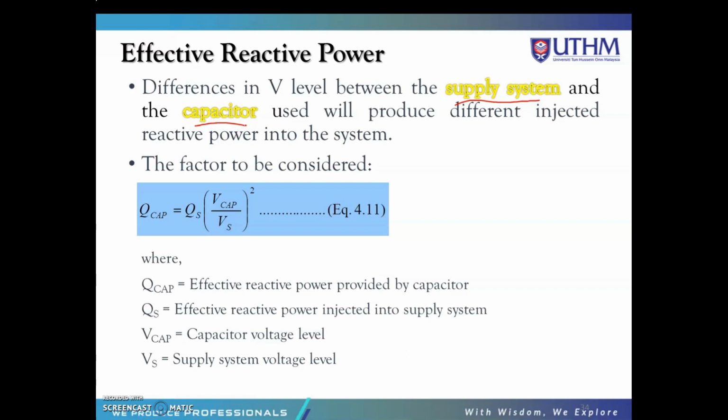So the factor to be considered is, by using equation 4.11, Q capacitance is equivalent to Qs supply times V capacitance divided by V supply squared. Where Q cap is the effective reactive power provided by the capacitor, Qs is the effective reactive power injected into the supply system, V cap is the capacitor voltage level, and Vs is the supply system voltage level.